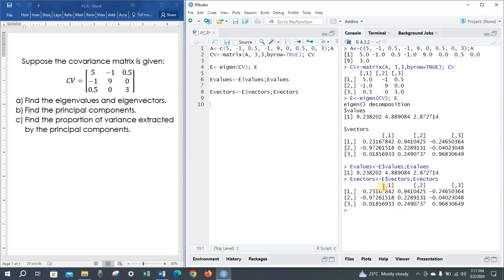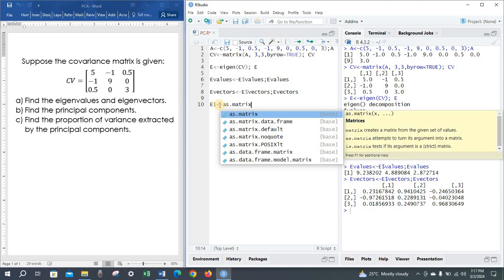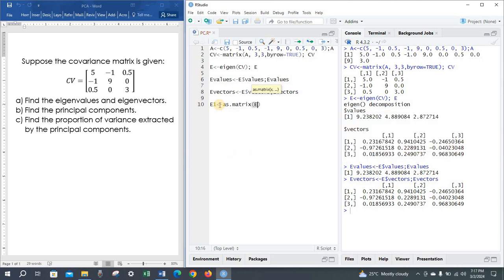This is eigenvector 1, eigenvector 2, and eigenvector 3. You can extract them by writing as.matrix, then the vectors, and selecting column 1, and write E1. Run it. Here's the eigenvector extracted.